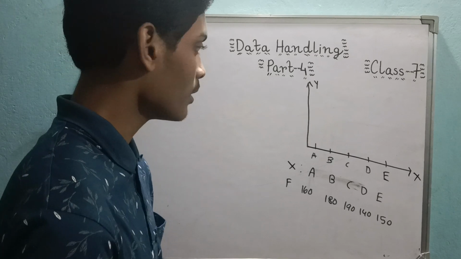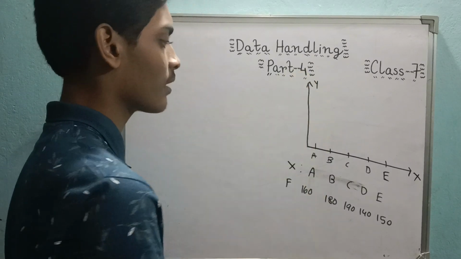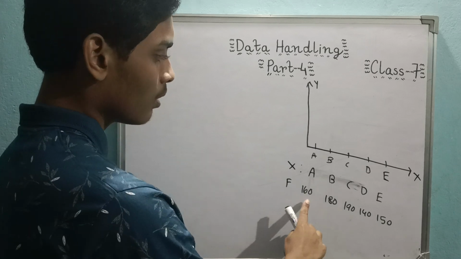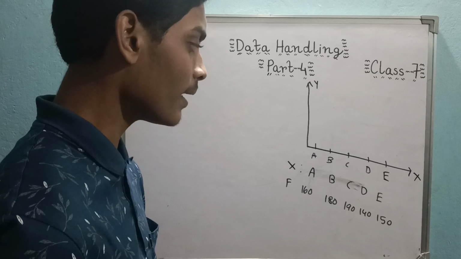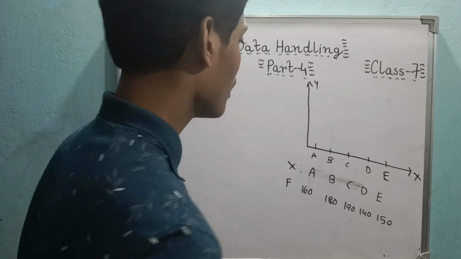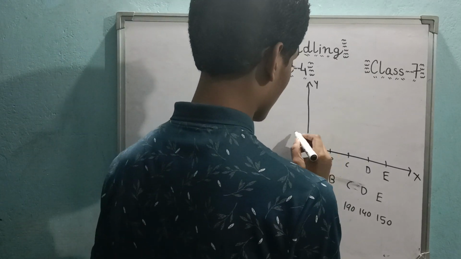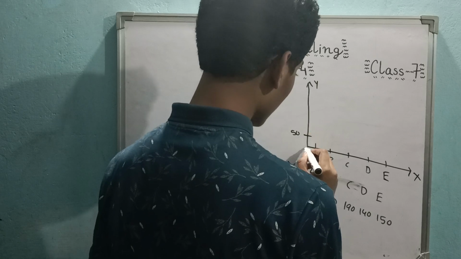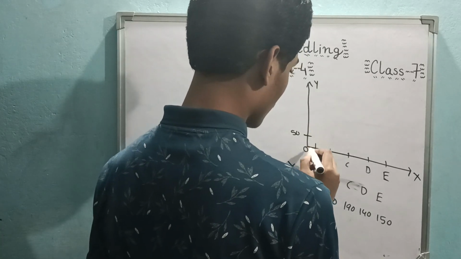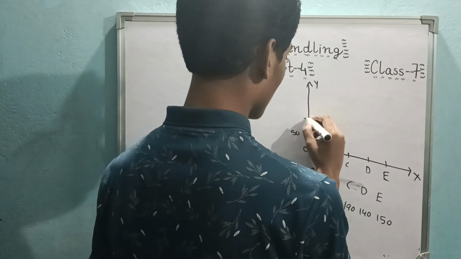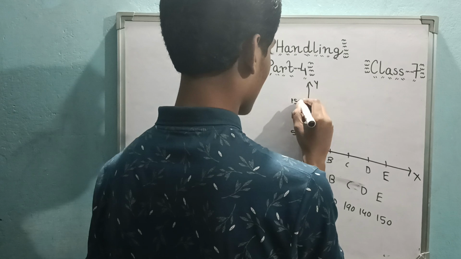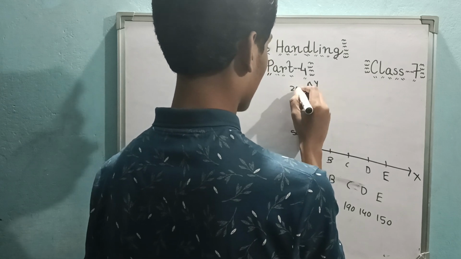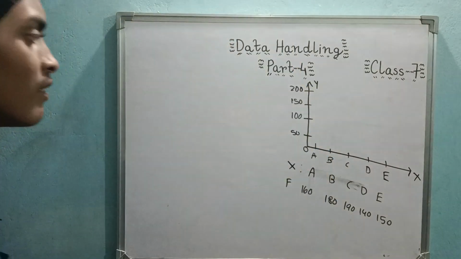The y-axis is framed through a scale. Suppose here my frequencies go up to 190. So I can take divisions of 50. Suppose this is 0, this is 100, 150, 200. This is the frequency axis.